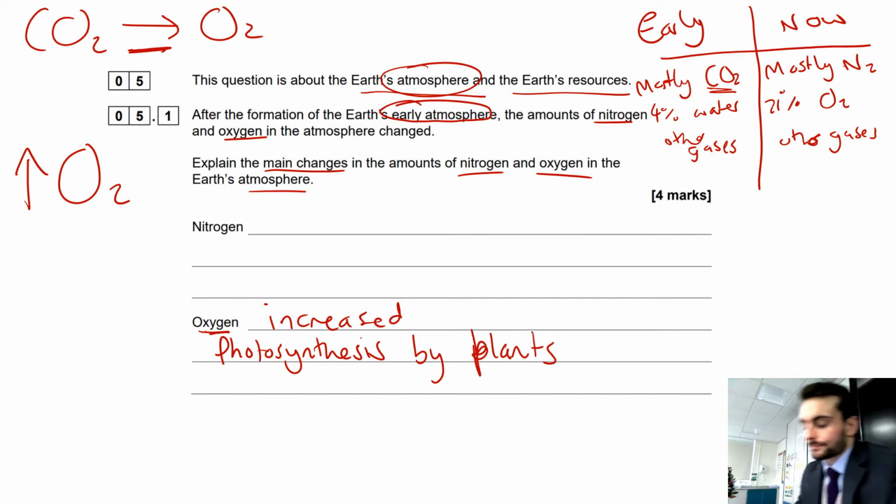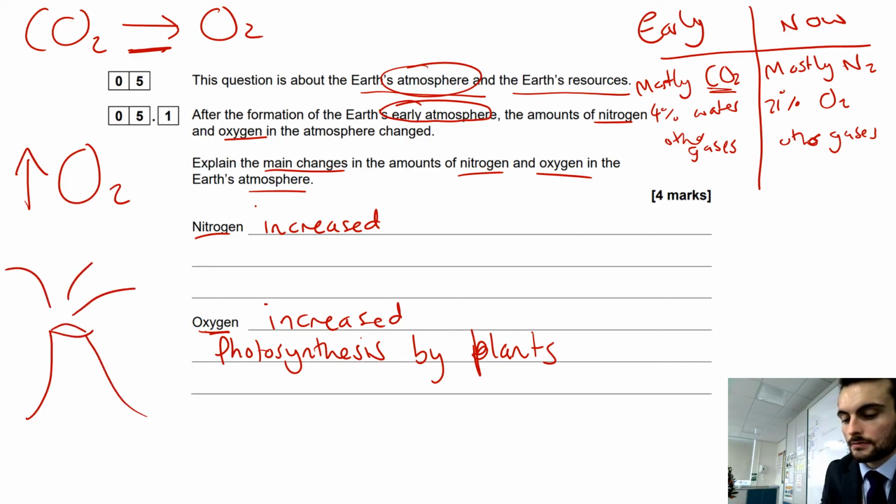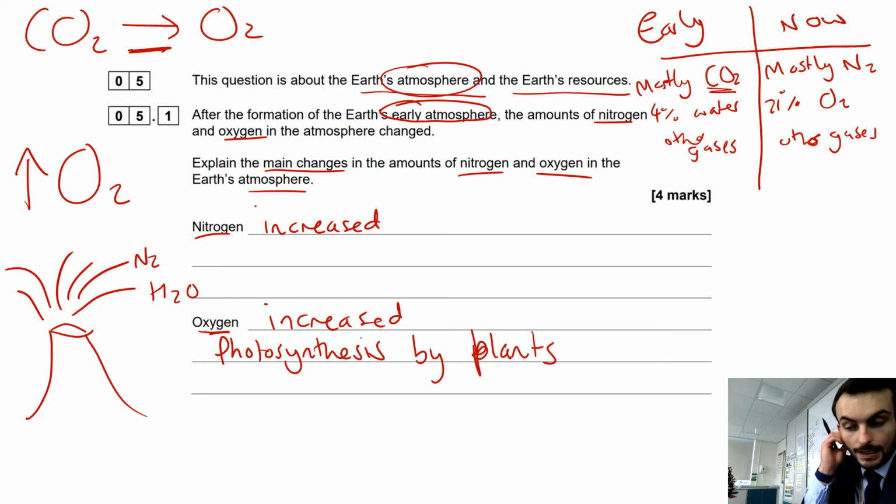And then the other one, so we've got nitrogen. What has happened to the nitrogen? If it was a trace gas back then, because most of it was CO2 and a bit of water. So the first thing we can say is nitrogen increased. Why is that? Where did the nitrogen come from? If you remember, we had volcanoes spewing out loads of gases, you know, a bit of water, a little bit of it was nitrogen gas, some methane in there.